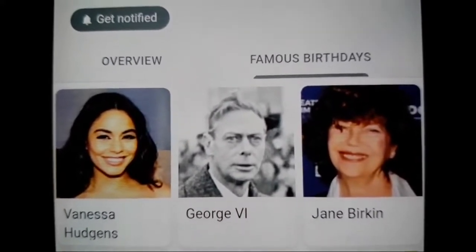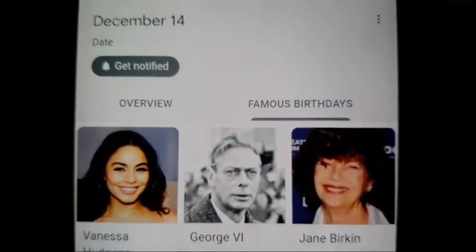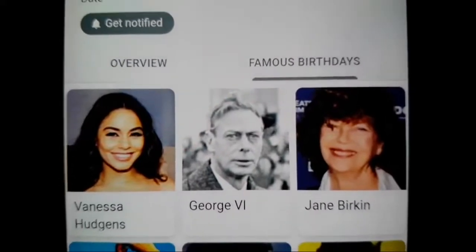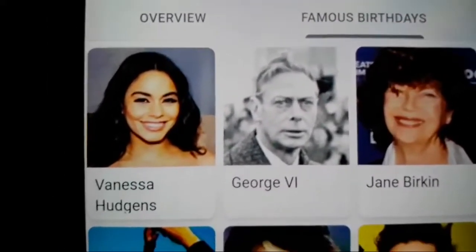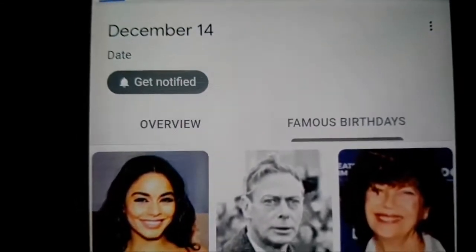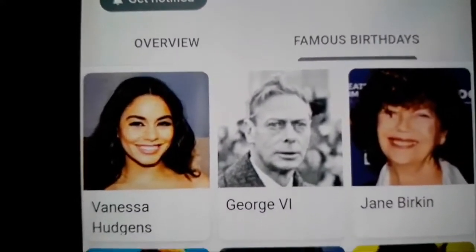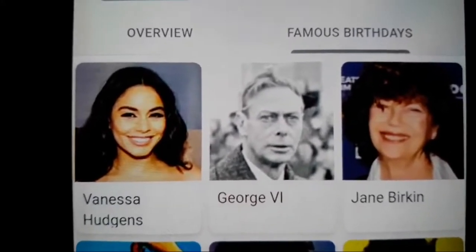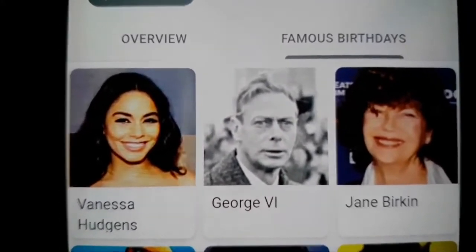Anyway, the George is what's important, because George Washington died on December 14th. Look at the first person, Vanessa Hudgens. Remember, this is Washington's death date. Now, you don't think there's a connection with Elvis to this girl, would you?